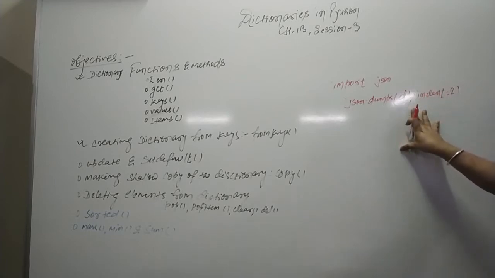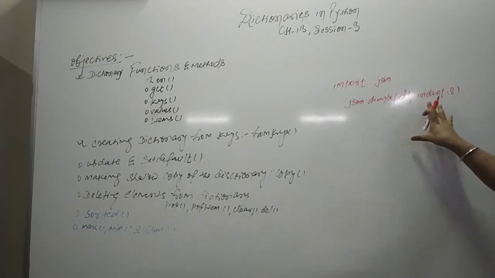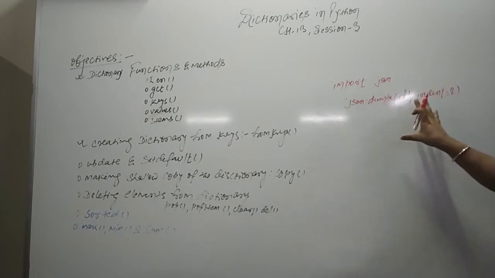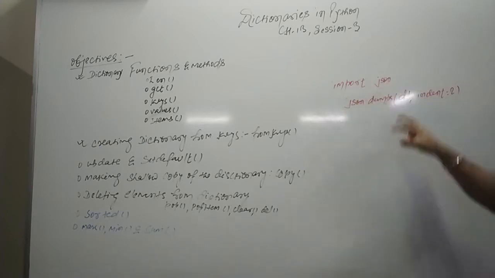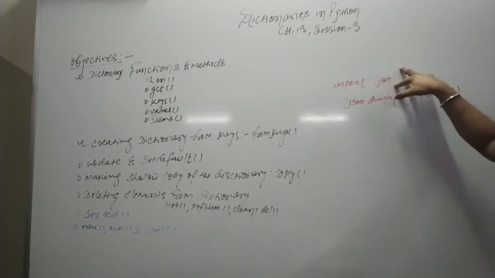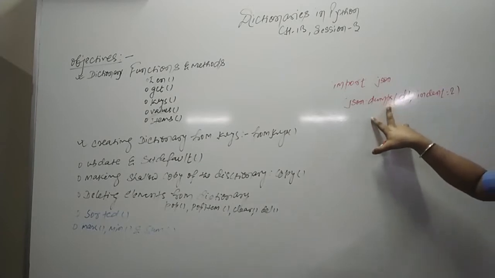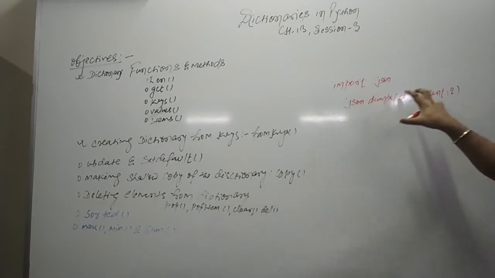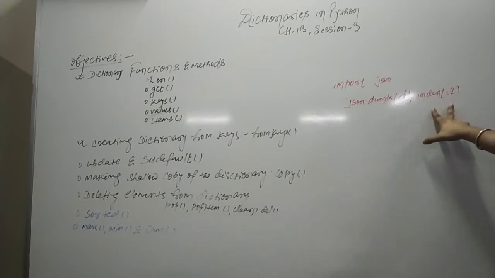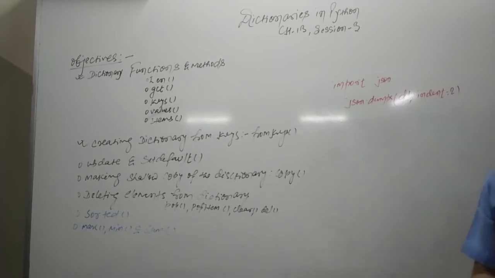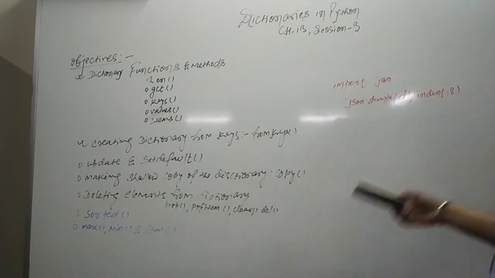So import json. json is a library name, a module name. Under that there is a method called dumps, json.dumps. Inside the brackets it takes D1, the dictionary name, and then indent and how much indent you want. That is how you can use pretty printing.